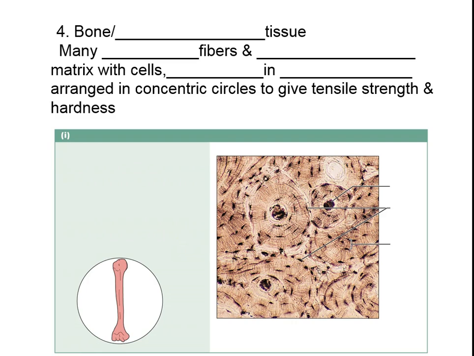Bone is a connective tissue. Everybody wants to list bone or skeleton as a separate tissue, but it is truly a connective tissue. Another name for it is osseous tissue. I mean, do you think about the old song, this bone's connected to that bone? So bone is connective. It has lots of collagen fibers, and it has calcified salts, calcium phosphate, that make the matrix very hard.